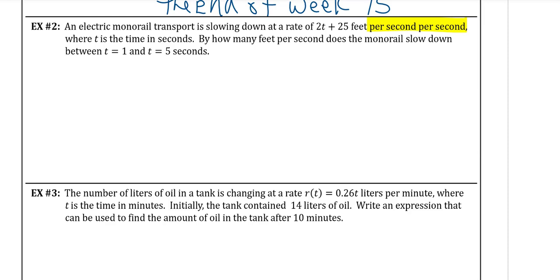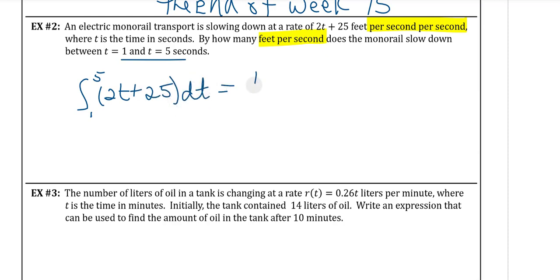Now since this is in feet per second, we want to find the velocity. So we are going to integrate our acceleration function from 1 to 5 seconds. So we're going to have the integral from 1 to 5 of 2t plus 25 dt.